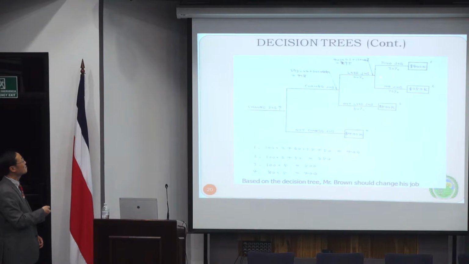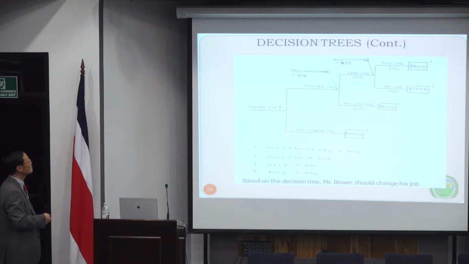But if he lost the job and never found a job, he will only get that much plus unemployment. Of course, if he never lost the job, he gets that much. And if he does not change job, he has $80,000 a year for 5 years, so he will get that much.